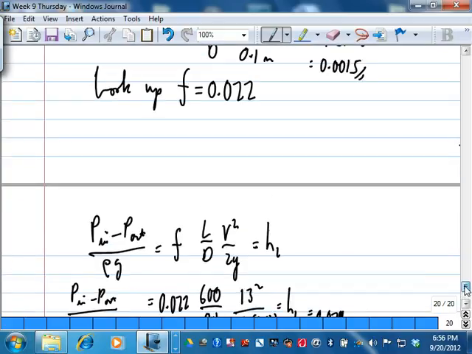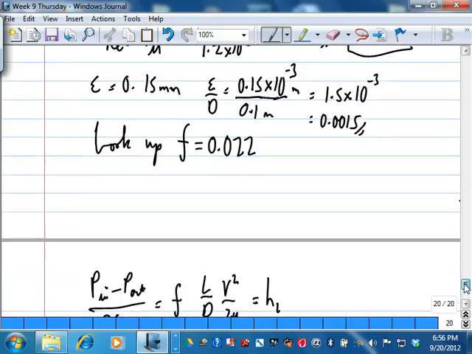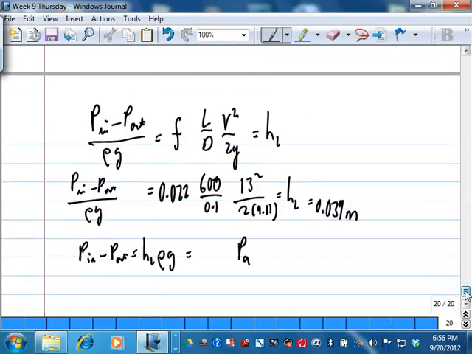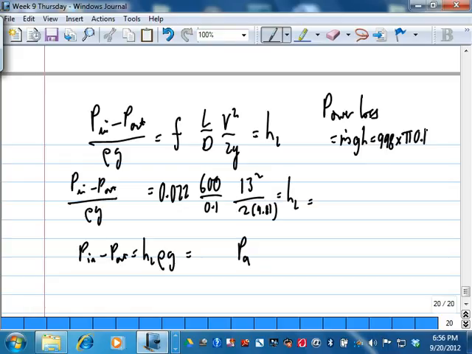You copy the one up here. So first step, find the head loss, and then power loss is equal to m dot g h. M dot is rho 998 times area pi 0.1 squared over 4, rho A V, times 13, times g 9.81 times head loss.